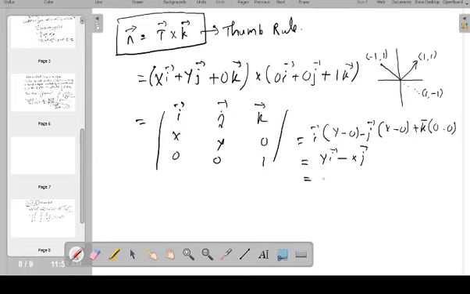But what is y? This is dy by dt, because I am taking vector t. Vector t is dr by dt, where r is xi plus yj. So dr by dt is dx by dt vector i plus dy by dt vector j.